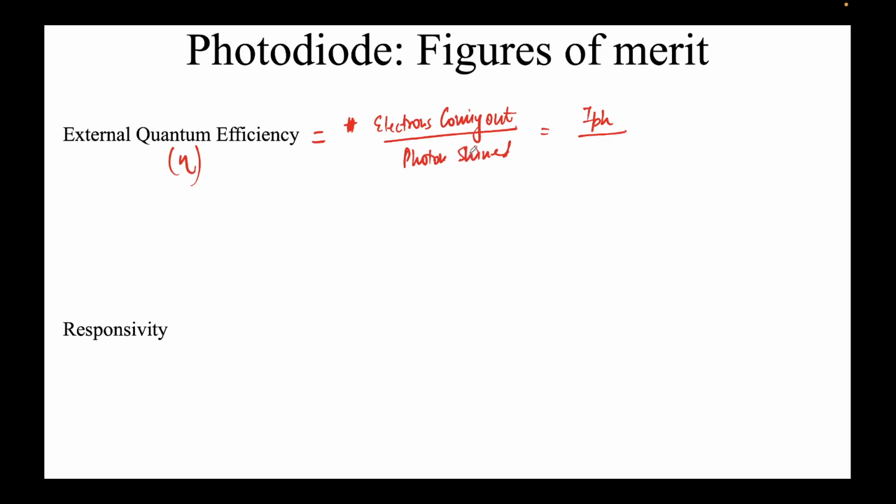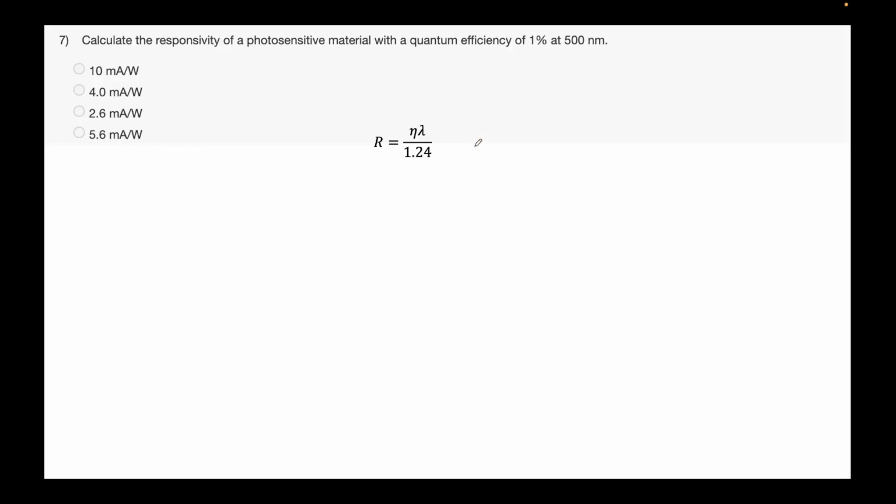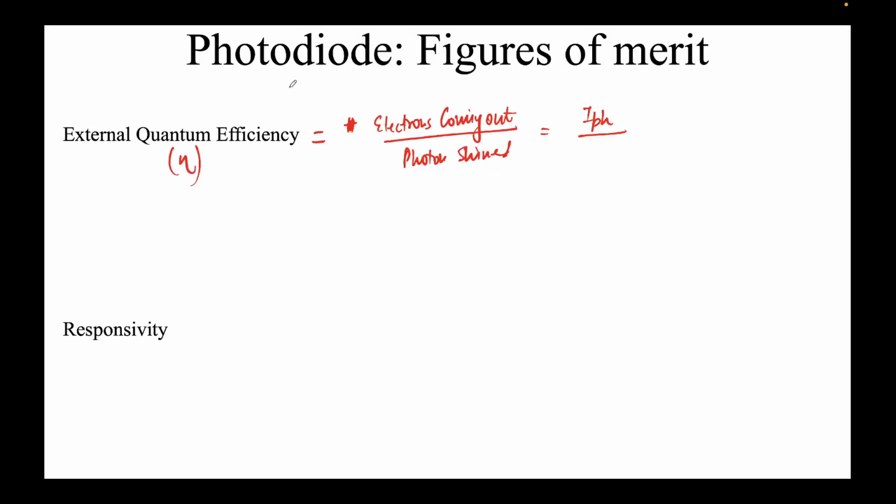Let me just see if I have an expression. The electrons that are coming out are given by this photocurrent. This has to be a dimensionless quantity, so I'm missing some term.